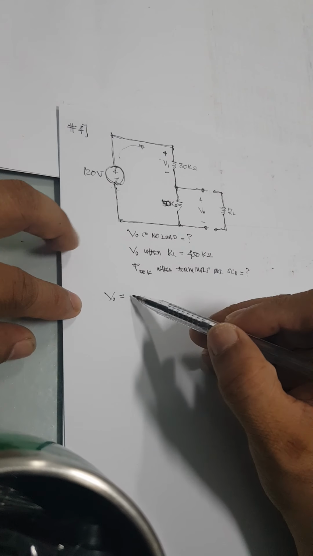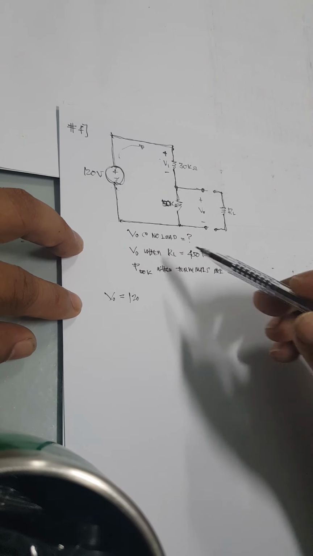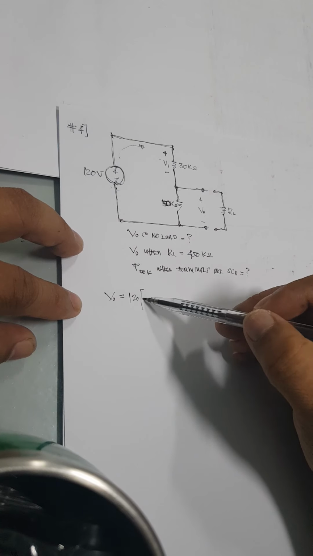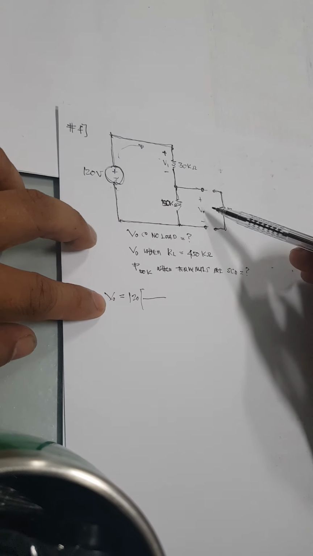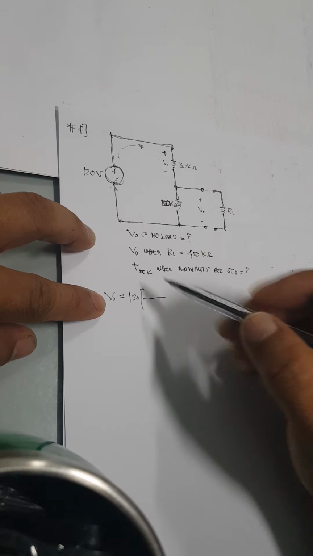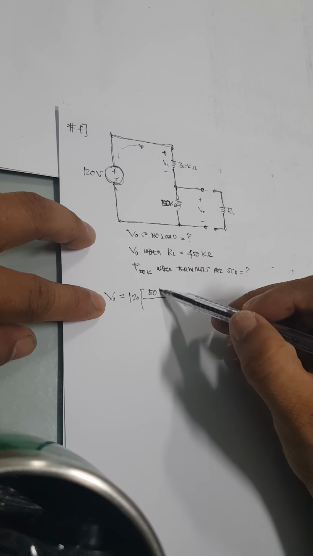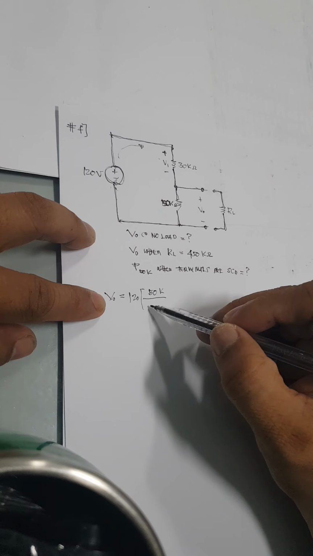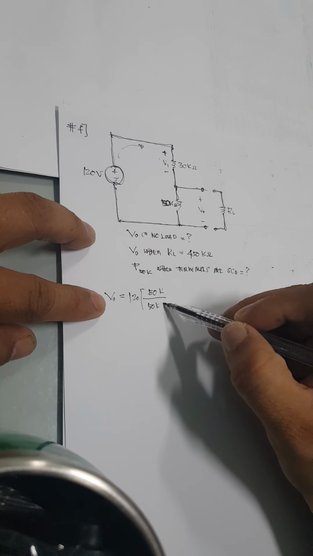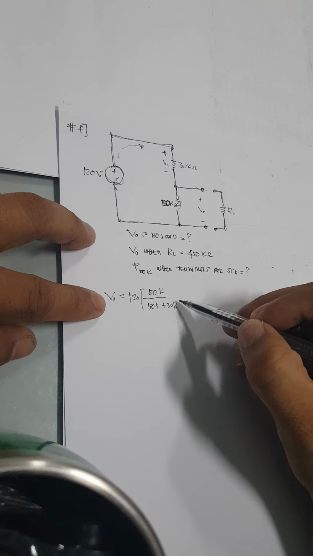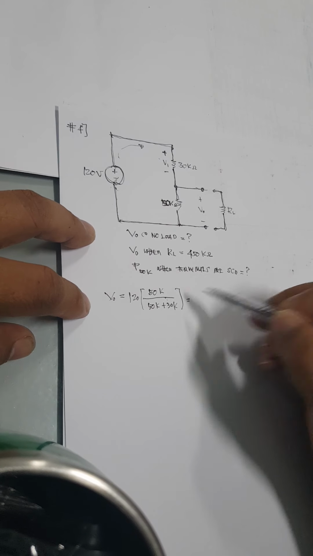So VO therefore equals 120, the one that is divided. On the numerator, since VO, the numerator should be the 50 kilo, and then this is 50 kilo plus 30 kilo. So kilo will cancel.